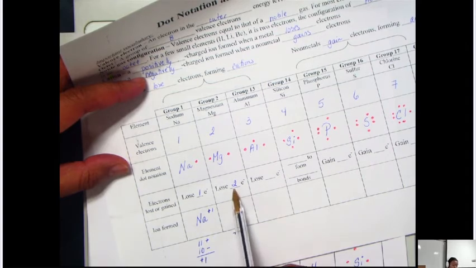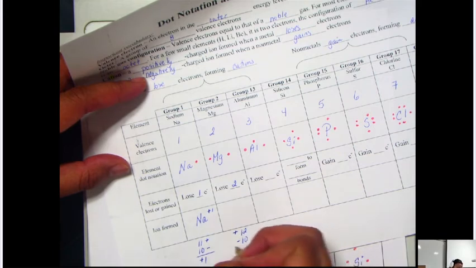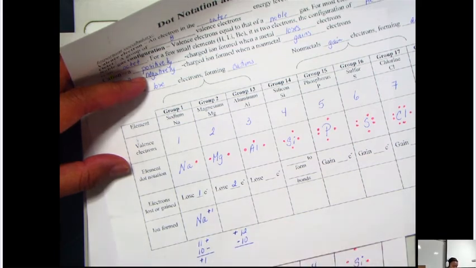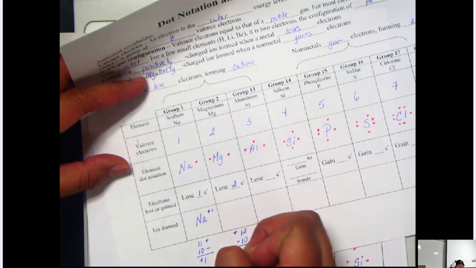But it just lost 2 electrons, gave away 2 electrons. So how many electrons does it have now? So 12 minus 2 would be 10. It has 10 electrons. All right, so again, math-wise, what's 12 minus 10? That would be 2, and it's a positive 2.